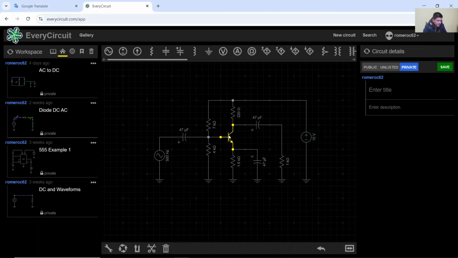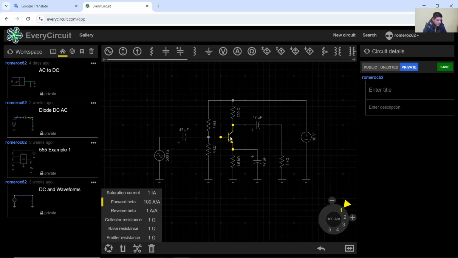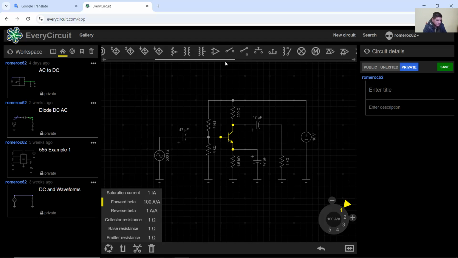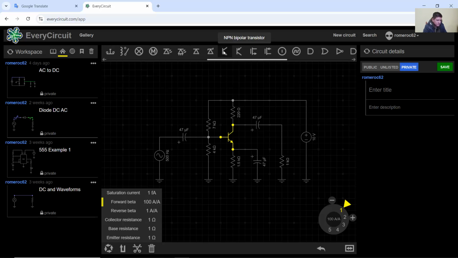And verify here on adjust the transistor, the NPN transistor settings. Okay, verify the saturation current 1 femtoampere.